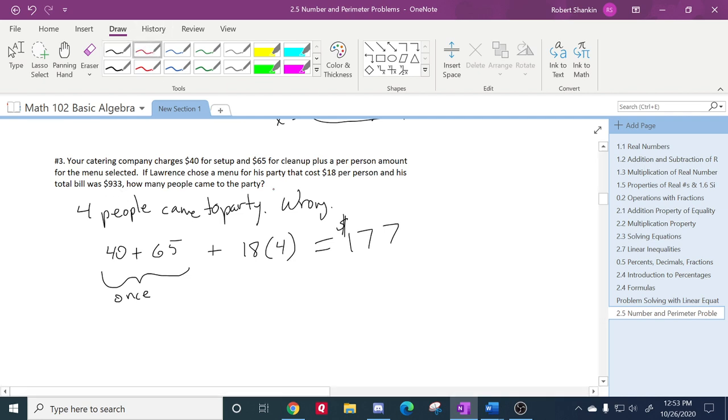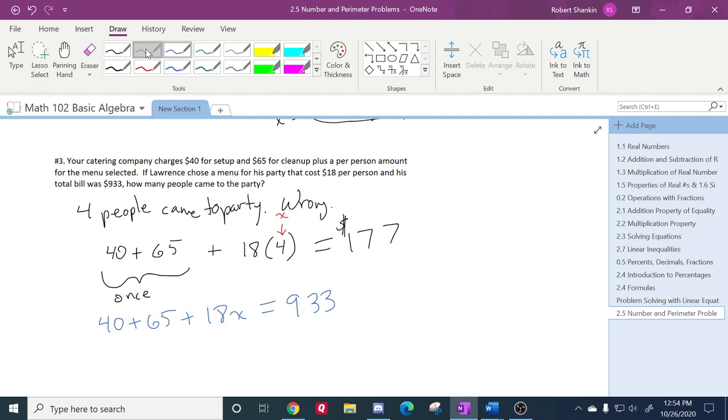But the idea is I'm going to be replacing my absurdly small guess with the real answer and then making my equation and forcing it to be the right amount.